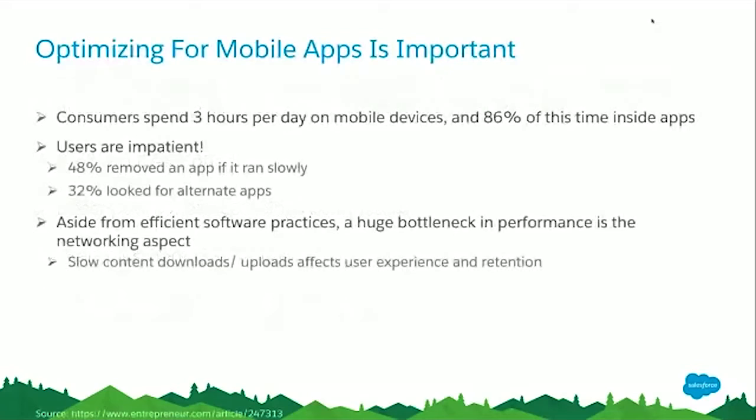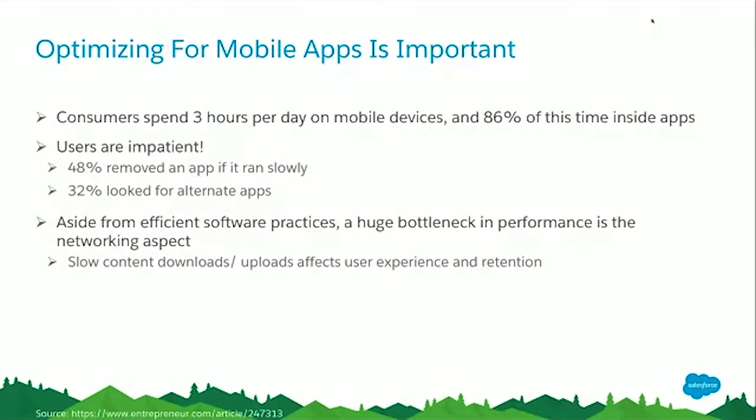So let's talk about why it is important to optimize mobile networks for mobile app performance. Here are some statistics which put this in perspective. Consumers on average, that is consumers like yourself and me, spend around 3 hours a day on our mobile devices, and more than 85% of it is inside apps.